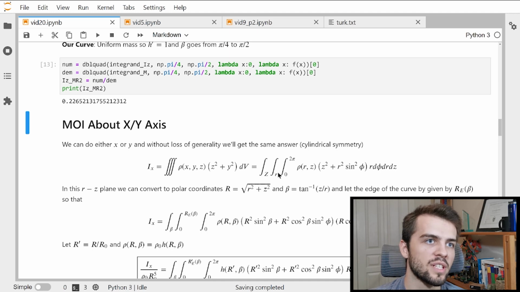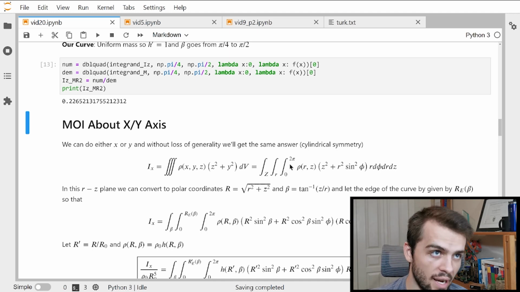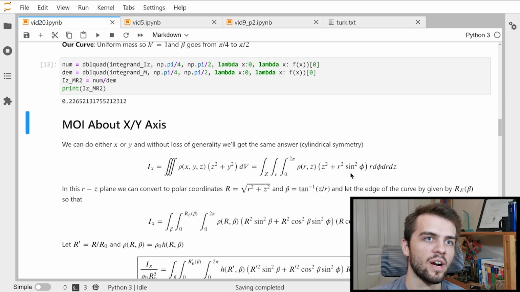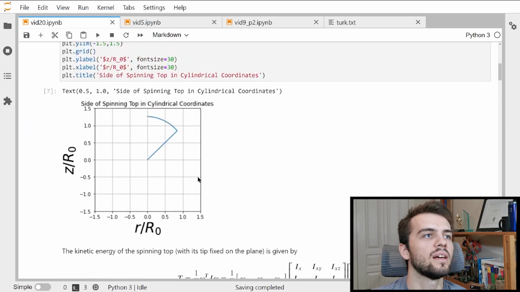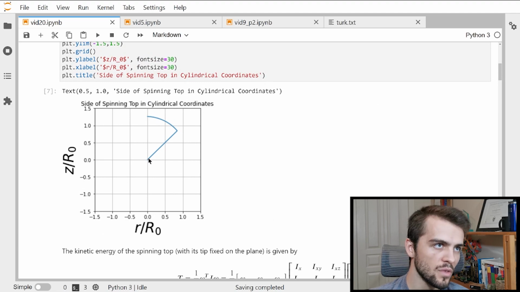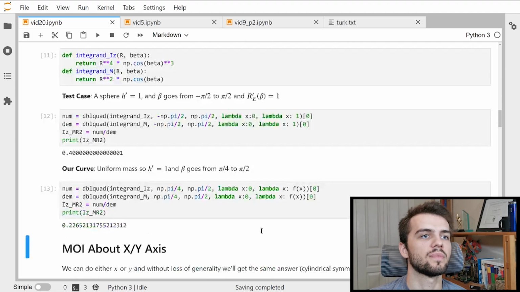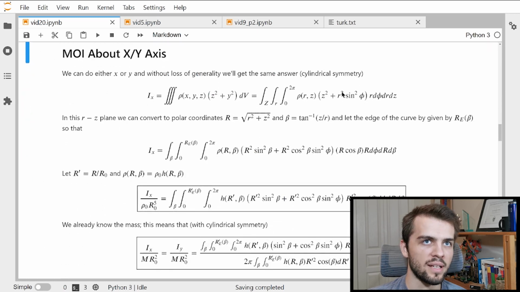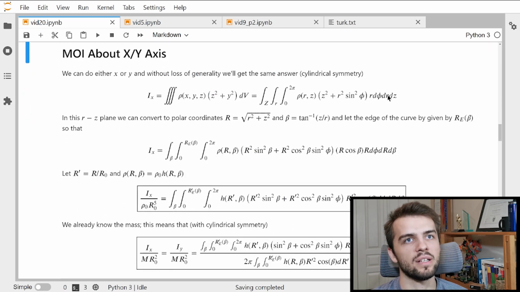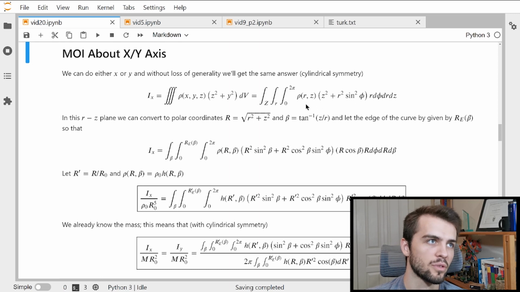Like before, it's an integral over z, r, and phi from 0 to 2 pi. The issue now is that z is fine, but y depends on phi, because y is r sine phi in cylindrical coordinates. So I now have a phi dependence in my integrand, and my integrand is r d phi dr dz, so I can't remove the phi integral.